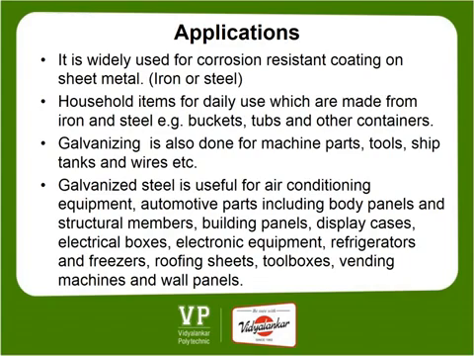Galvanizing is also done for machine parts, tools, ship tanks and wires, etc. Galvanized steel is useful for air conditioning equipment, automotive parts including body panels and structural members, building panels, display cases, electrical boxes, electronic equipment, refrigerators and freezers, roofing sheets, tool boxes, vending machines and wall panels.